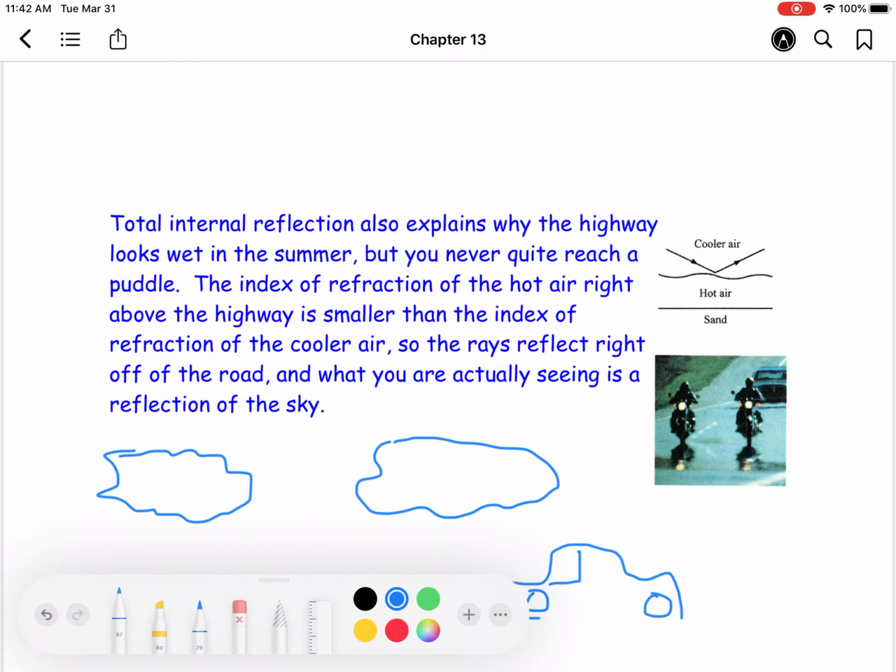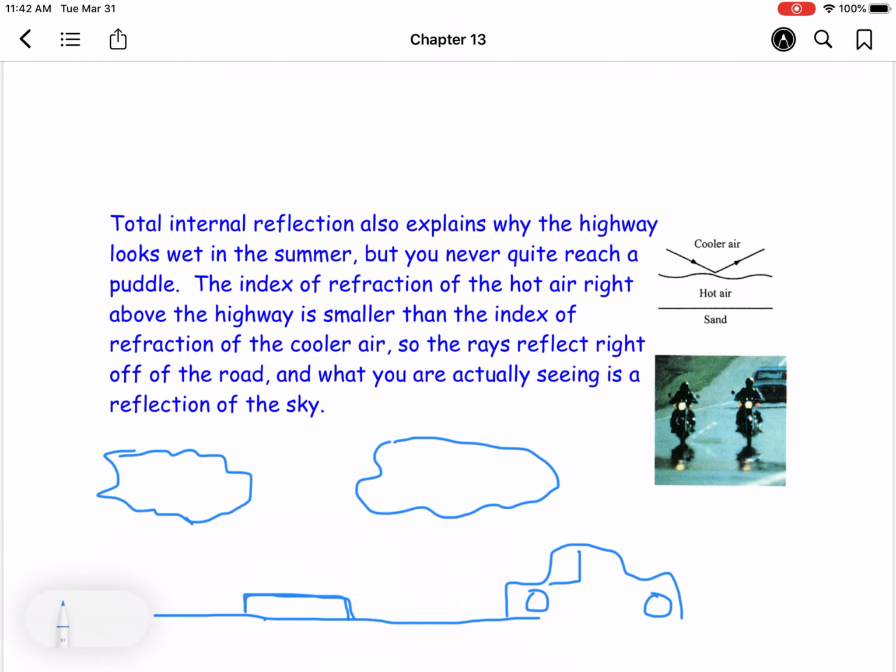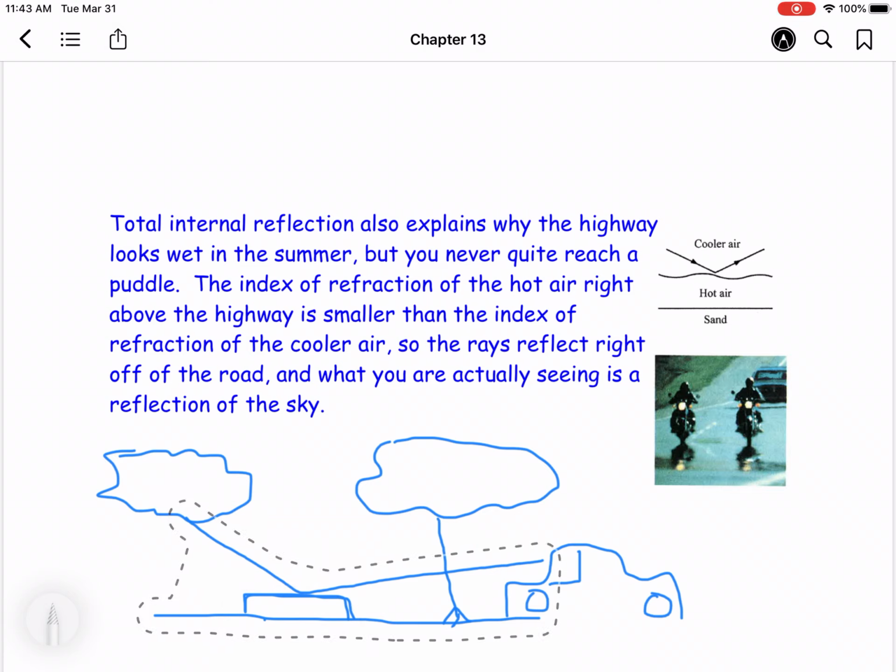Because we have a beam of light coming that's higher than that critical angle, so it's bouncing off of that, and you're seeing it. Whereas the beam of light coming down here is hitting that and refracting into the surface, not reflecting. So this first beam is giving you a reflection off the hot air, coming to your eyes.